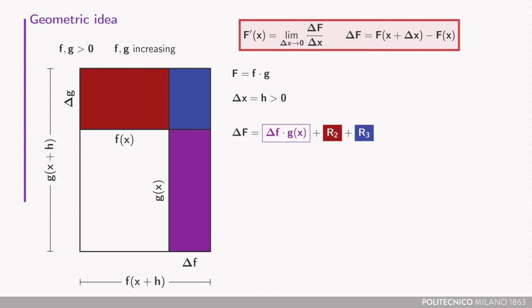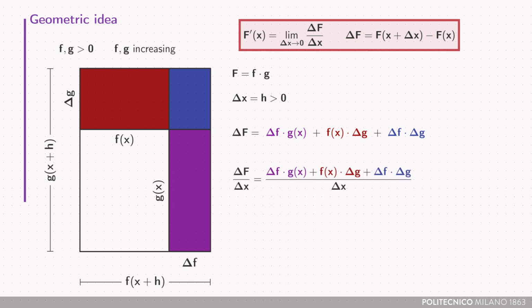The first rectangle has area delta f times g of x. The second one has area f of x times delta g. And finally, the area of the third one is delta f times delta g. Therefore, the difference quotient of big F is the following expression, which can be written in terms of the difference quotients of f and g.